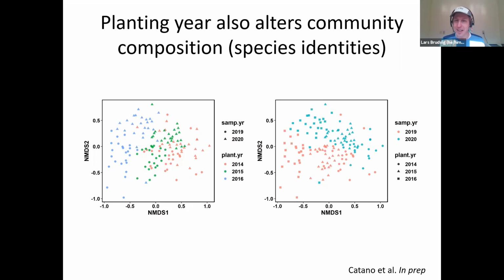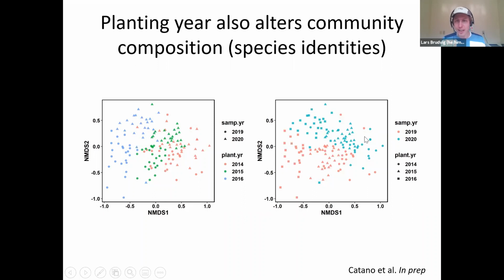Again, this might be because one year was a mild drought year and the other year wasn't. Could be because of general successional dynamics within these plots that are happening over time. But what's important here is that as we go from the 2019 survey to the 2020 survey, the plots are sort of moving generally upwards in ordination space, but along different tracks, where the 2016 plots are tracking a different track than the 2015 plots, and to a degree, the 2014 plots.